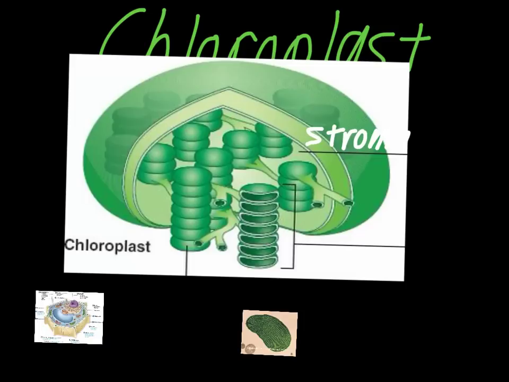And then down here at the bottom, the ones that almost look like stacks of little green coins, or I think they look like green Nilla wafers on top of each other, those are called the grana. And those are just the 2 separate parts of the inside of the chloroplast.